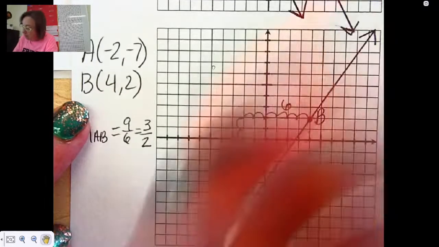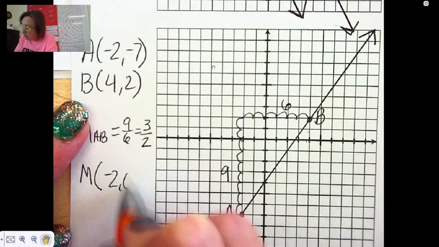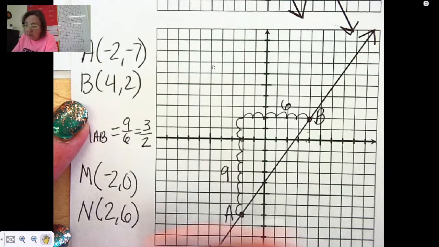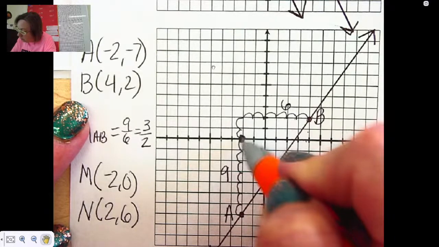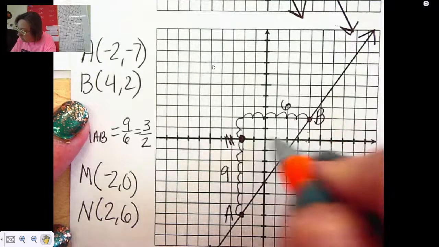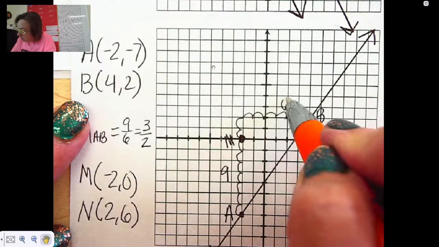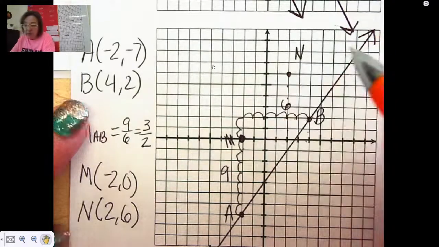And then M is -2, 0, and N is 2, 6. So -2, 0, that's M. 2, 6, that's going to be N over there.